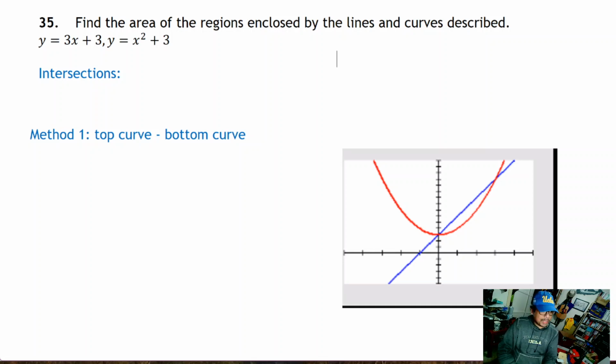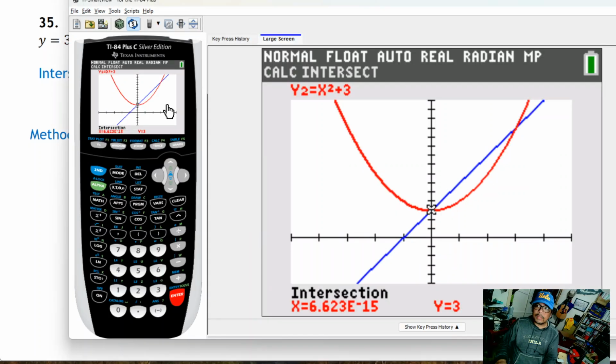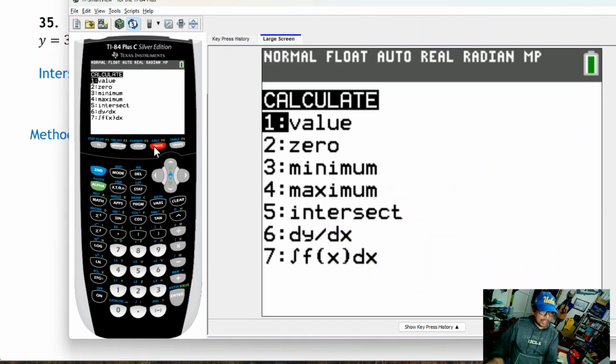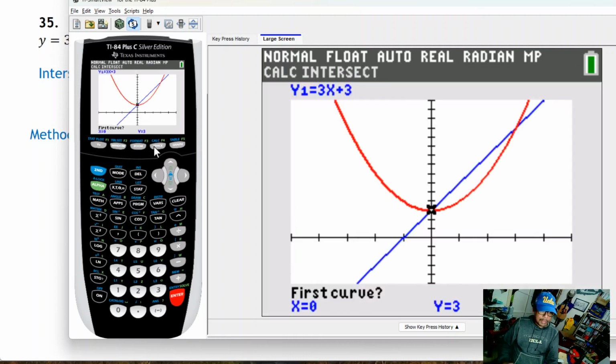The first thing we need to do for either of these methods is to find the points of intersection. Just as a quick review, to find the points of intersection, we're going to do second trace, and we're going to do the intersect button right here, number 5. The calculator is going to ask you 3 questions.